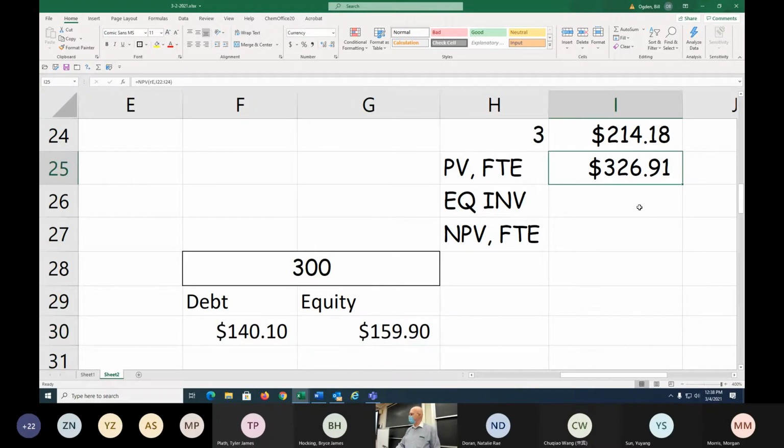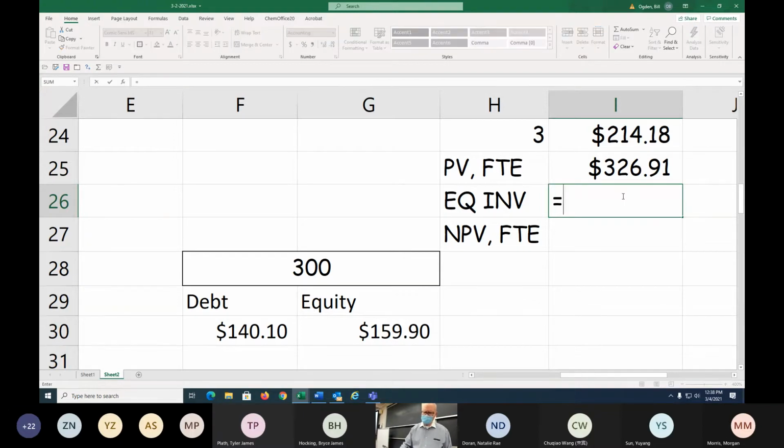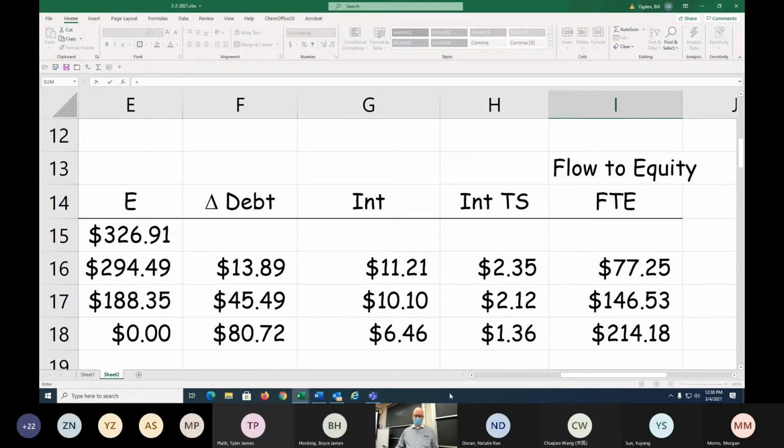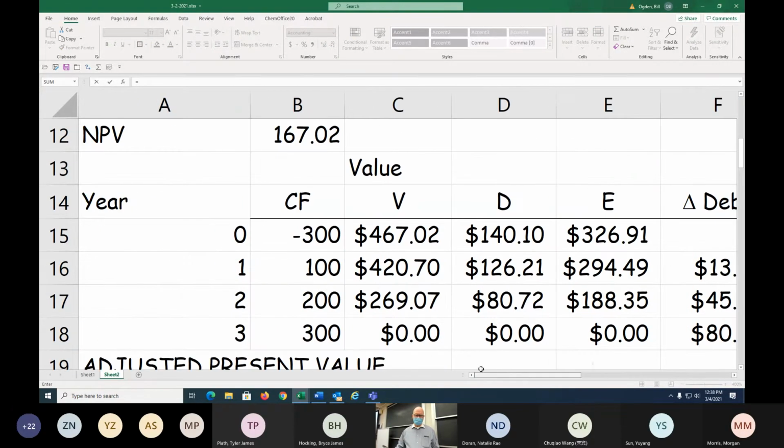and the shareholder's position in this project is worth $326.91, isn't it? So let's see what the shareholder nets out of this. Okay, so equity investment. Let's do it a little bit differently. I'm going to say equals the project cost 300, so I'll do a negative 300, plus the amount that they borrowed against it.